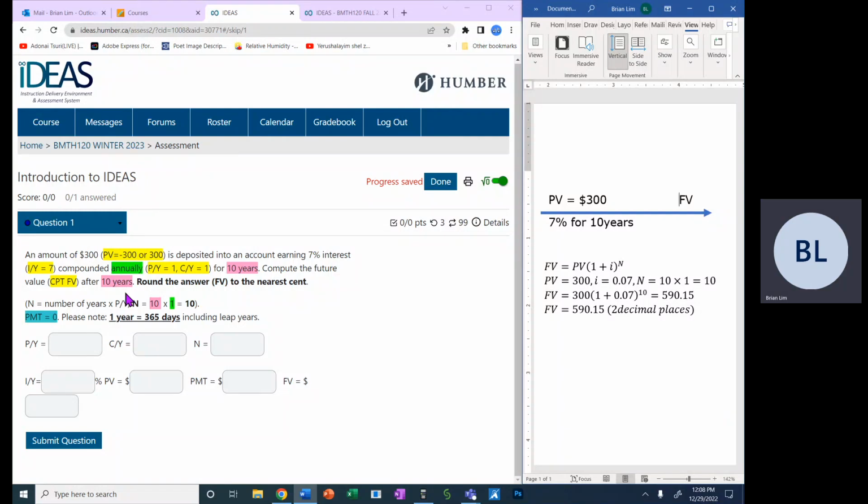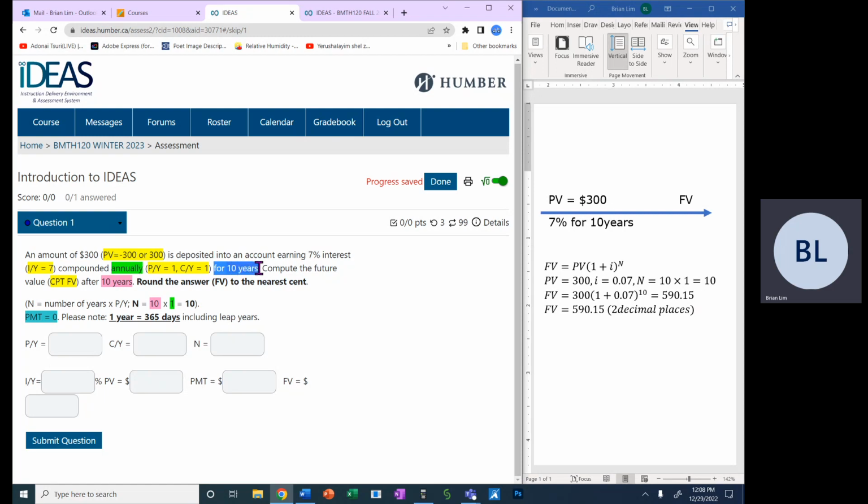Okay, here is a compound interest question where you are given the present value: $300 is deposited into an account earning 7% interest compounded annually, meaning once per year, for 10 years.